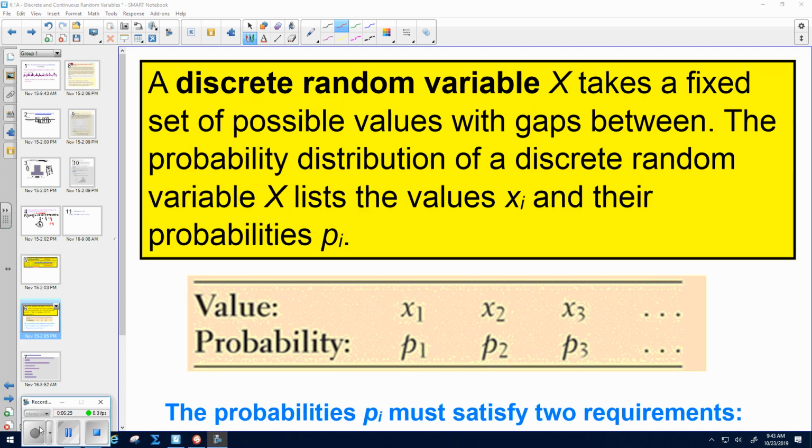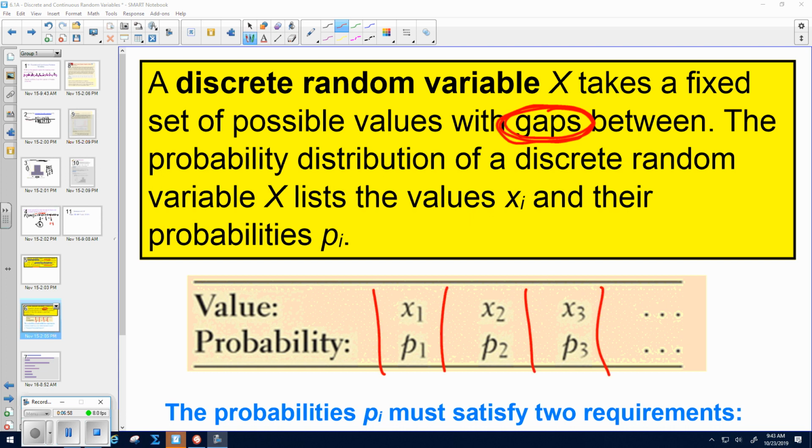We also have discrete random variables and continuous. Have you guys heard of discrete and continuous before in your math lives? Great. A discrete random variable x takes a fixed set of possible values with gaps between. Discrete makes it possible to make a table because there are gaps in between.